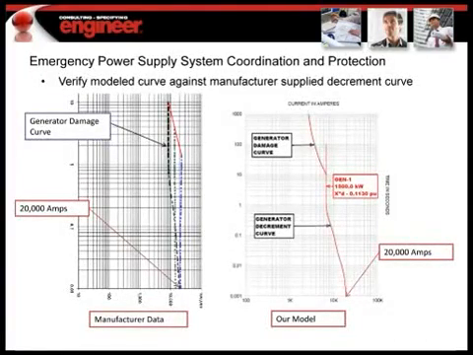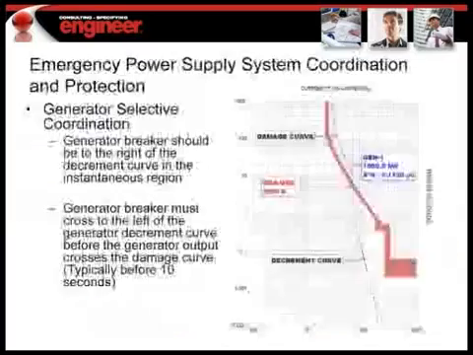You can see that we're about 20,000 amps on either the left side, which is the manufacturer's data, and our model, which is the right side, at the outset. And then you can see how it decays. They're not exactly the right scale, but they're decaying in the same fashion, the same way. So we know our model is good to go.